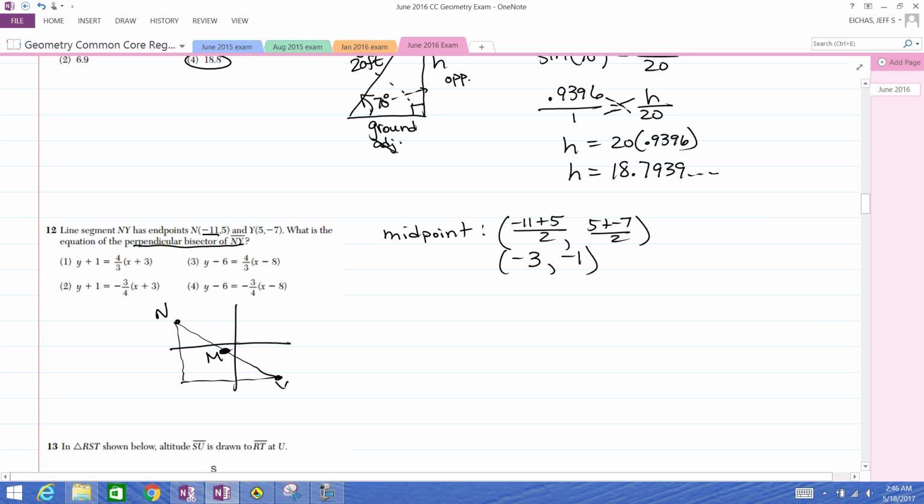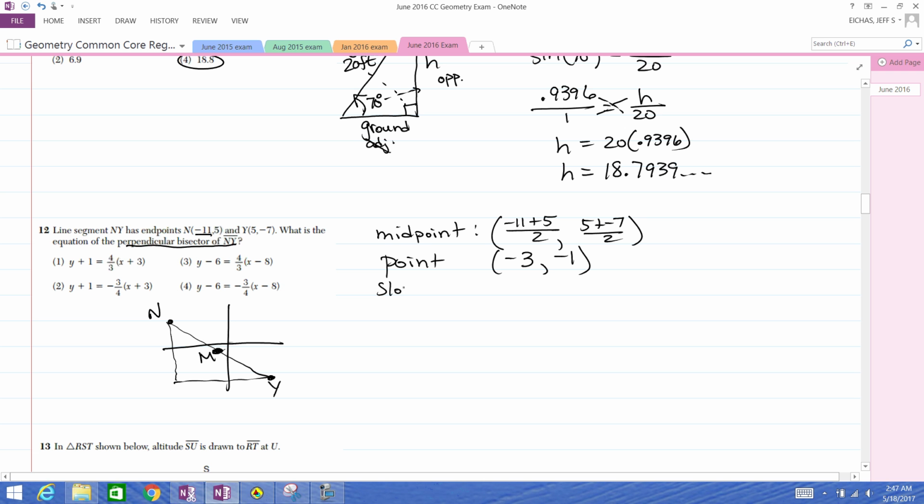So this is going to be a point that's on the line, on the perpendicular bisector. Now the next part is I would want to get the slope of NY. I'll do this algebraically. If you did it graphically, it'd be a lot easier, but go ahead. So subtract the y's, subtract the x's.